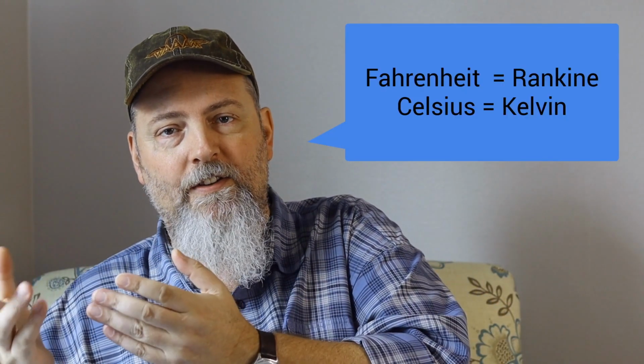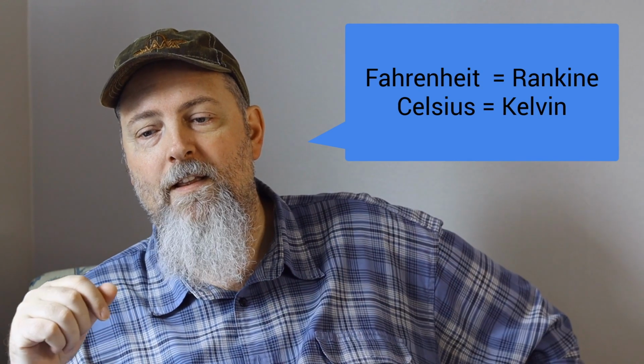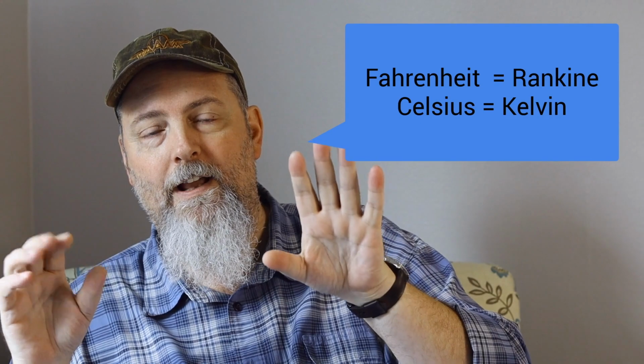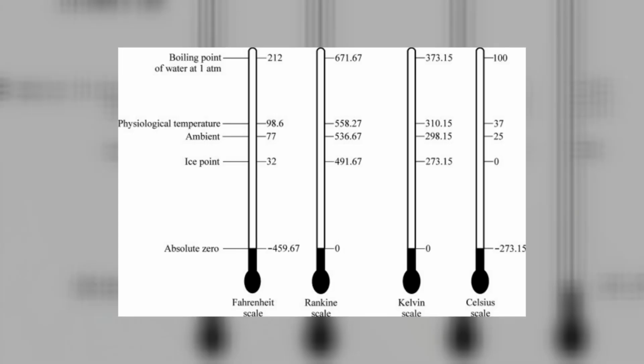Now, there's 2 scales, one associated with degrees Fahrenheit and one associated with degrees Celsius. The best way to remember which one is which is CK. I don't know why CK, but the 2 consonants: Celsius, Kelvin. That means the F and the R, Fahrenheit and Rankine, are together, and Celsius and Kelvin are together.